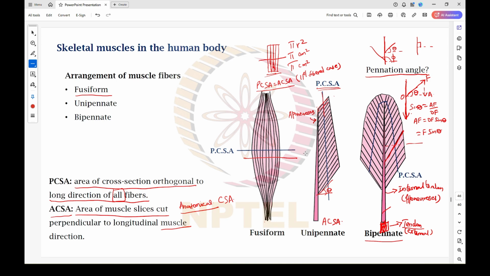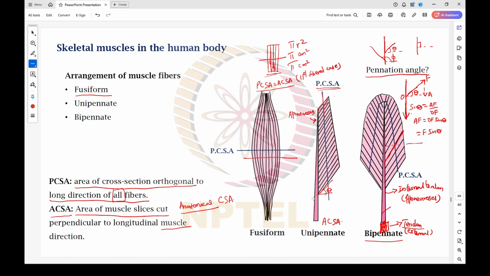However, in the case of unipennate, bipennate, or pennate muscles, the muscle fibers are arranged such that all of them are connected to an internal tendon, which is the aponeurosis.